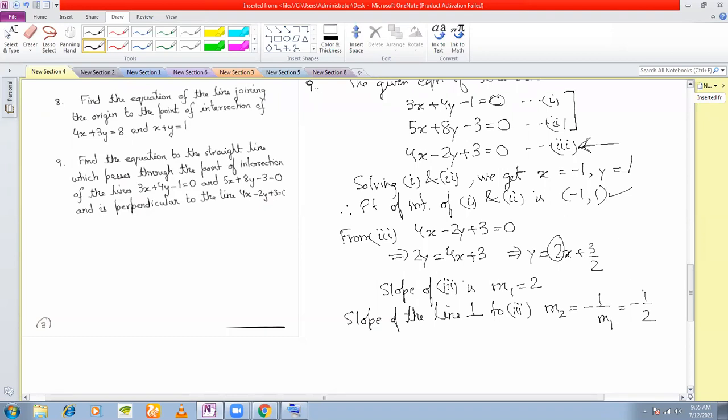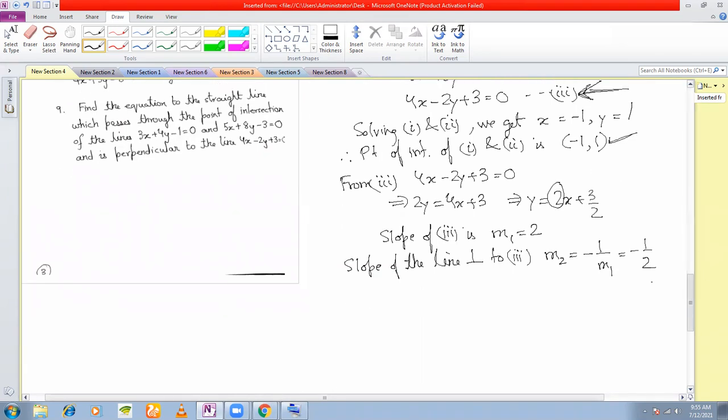Now, if we know the slope of the line perpendicular to 3, and the point through which that line passes, then we can find the equation of the line. Hence, the required equation of the line: we are going to use the point-slope form. Consider (-1, 1) as your (x1, y1). y - y1 = m2(x - x1).